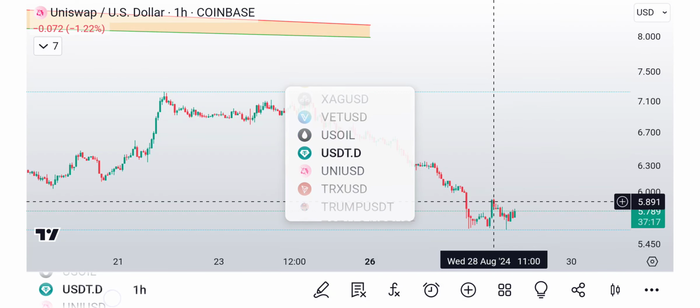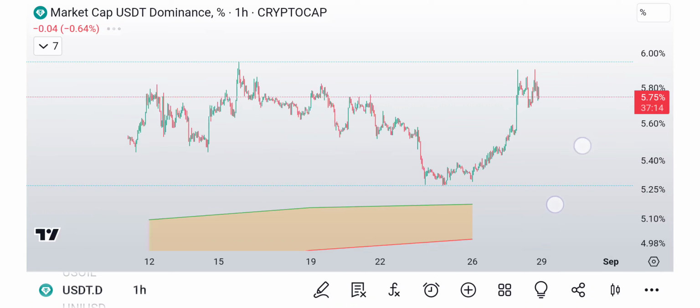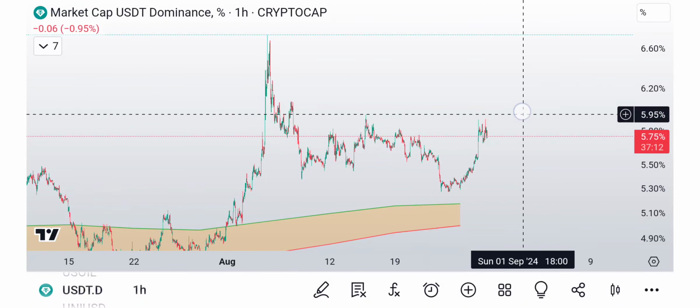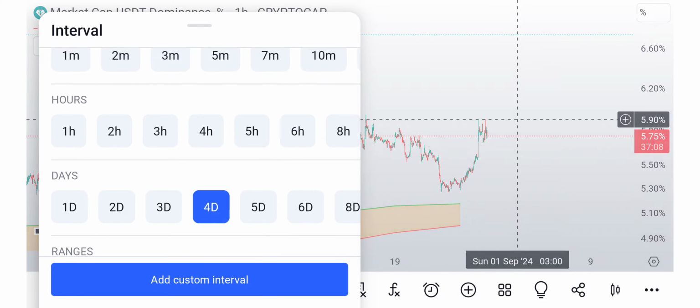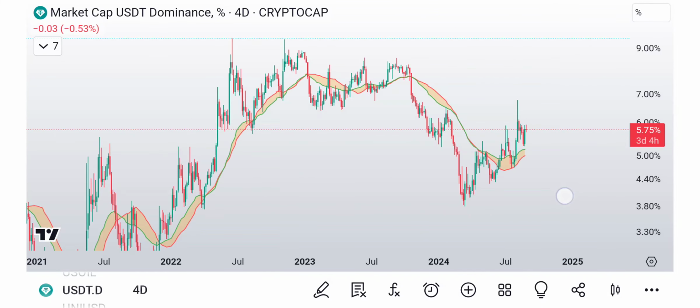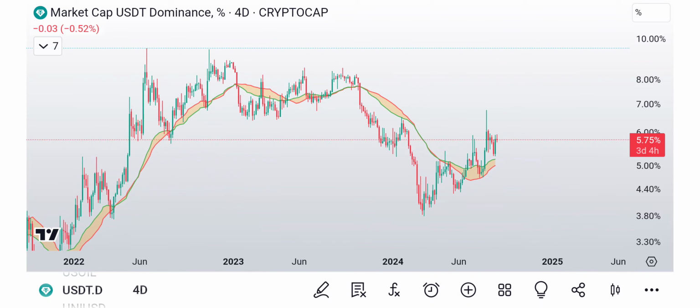Oh, let's look at USD dominance. Okay, there's your problem right there. Look at the dominance. It just pumped to the upside. This is the chart that I don't like. That is a diagonal, guys. Man, that sucks.